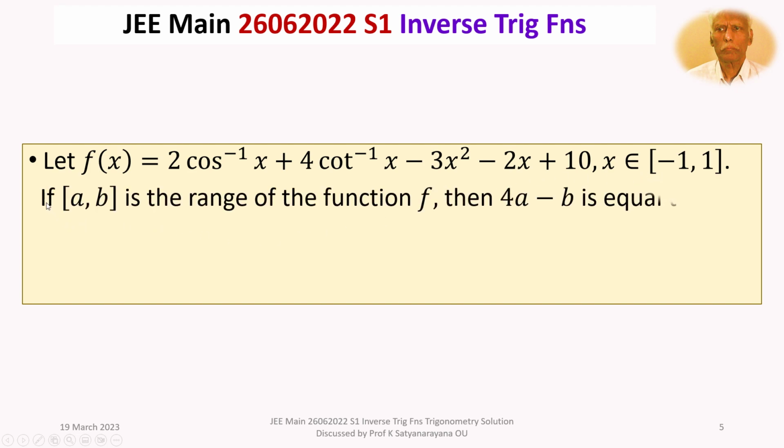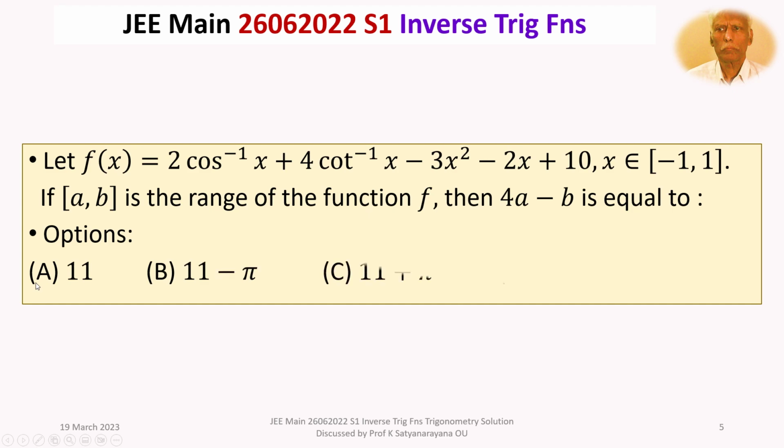If the closed interval a comma b is the range of the function f, then 4a minus b is equal to. We are given 4 options. Option A 11, option B 11 minus pi, option C 11 plus pi, option D 15 minus pi.